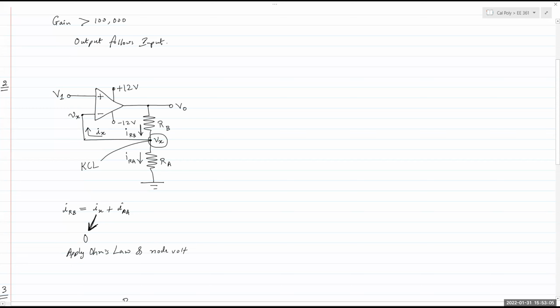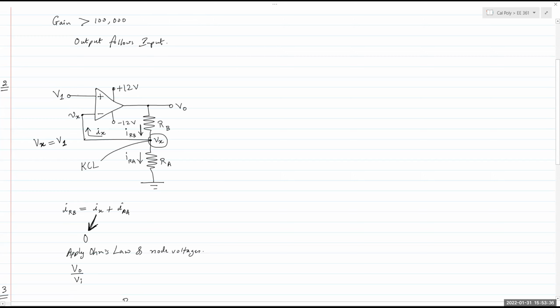So you plug those into this equation, rearrange the terms, and you would obtain VO over VI. Okay. Now, the critical thing to understand is, of course, that you have a virtual short between the two terminals. And if there's a virtual short, that means that Vx is equal to V1.